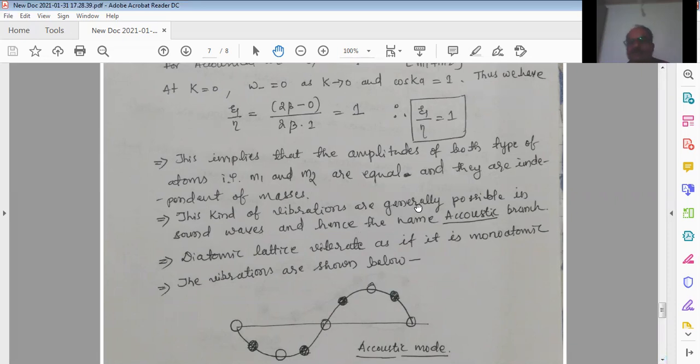These kinds of vibrations are generally possible in sound waves, and hence the name acoustic branch. The diatomic lattice vibrates as if it is monoatomic.